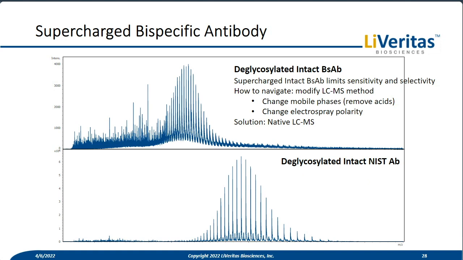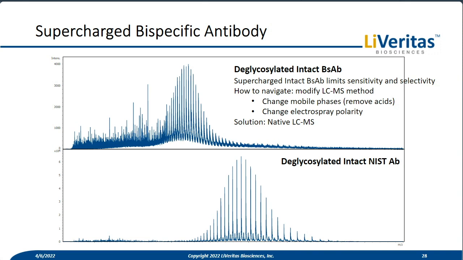As you can see, the raw mass spectra for the deglycosylated supercharged bispecific antibody is more compressed, and the M over Z range is much lower than your typical deglycosylated IgG1 sample. The supercharging limits sensitivity and selectivity for what we intended to do, which is to differentiate the major species from the two minor species of this bispecific antibody.